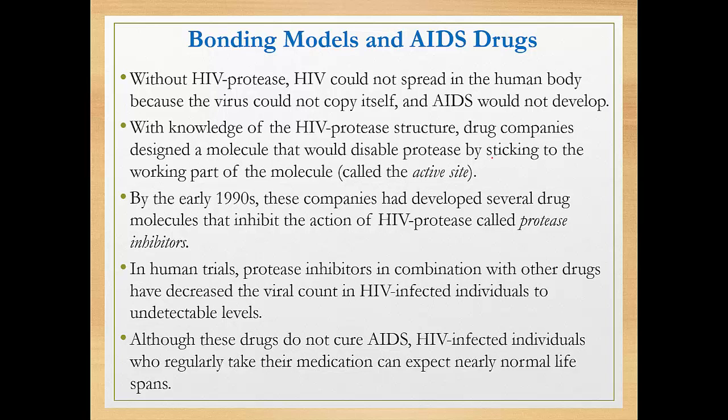It reduced them to the point that the HIV was undetectable. So the drugs were not able to cure AIDS. Individuals will still carry that HIV infection, but if they remain on these medications, it suppresses the action of the HIV molecules, and these individuals can expect to live a nearly normal life.